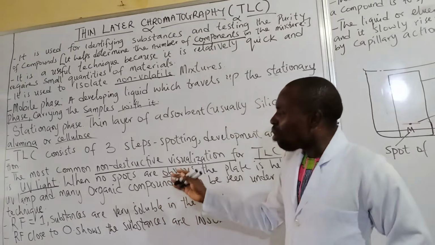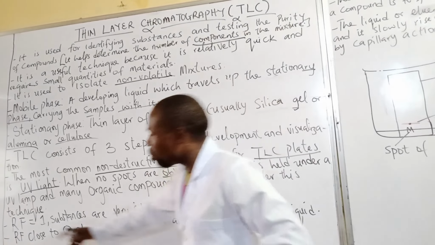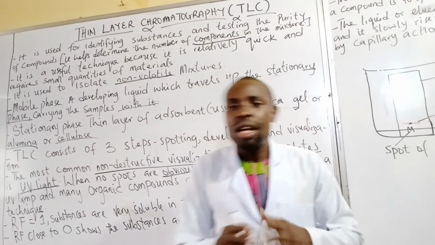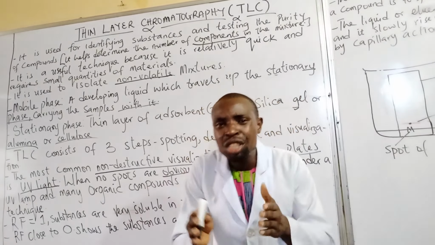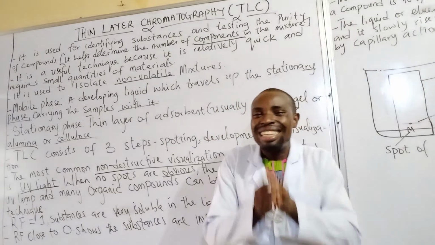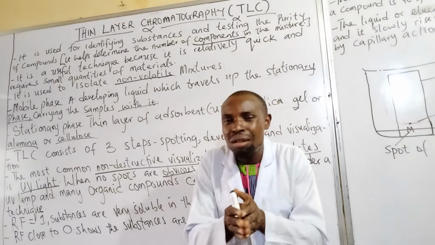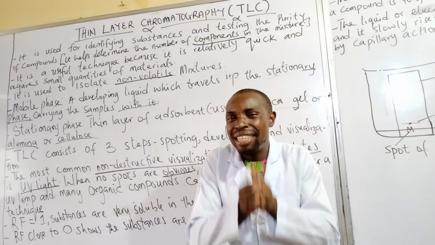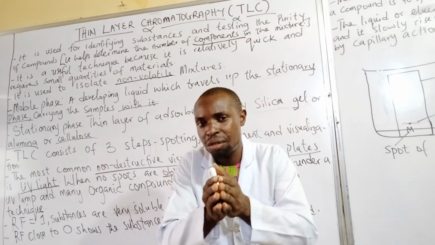So we talk basically right now about what we call Rf, which is called the retention factor. Now, what is a retention factor? Retention factor can be defined as the distance moved by the sample over the distance moved by the solvent front.